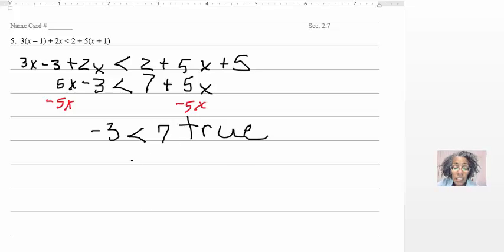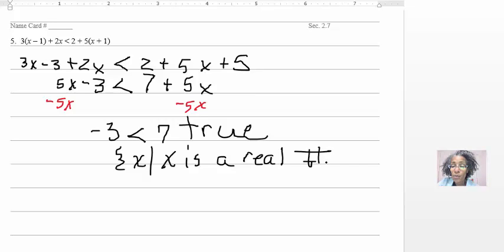So that basically means negative 3 really is smaller than 7, that this solution set is the set of all x such that x is a real number. So if I replace all three of the x's in the original inequality with any real number, they have to be the same real number.